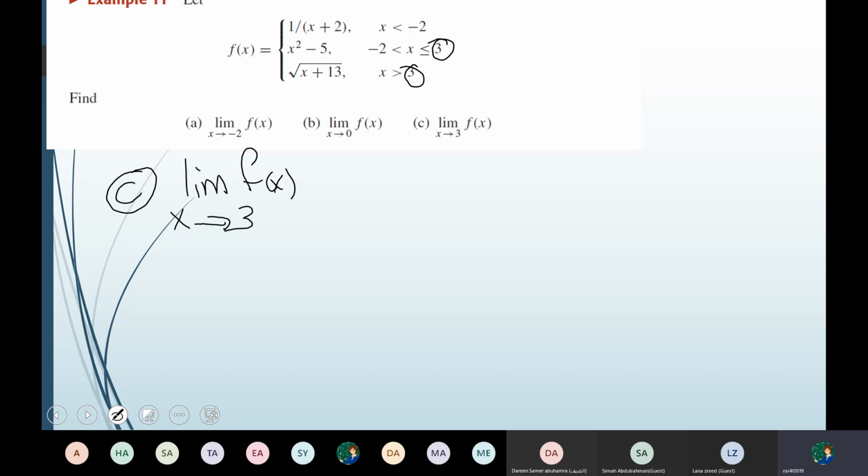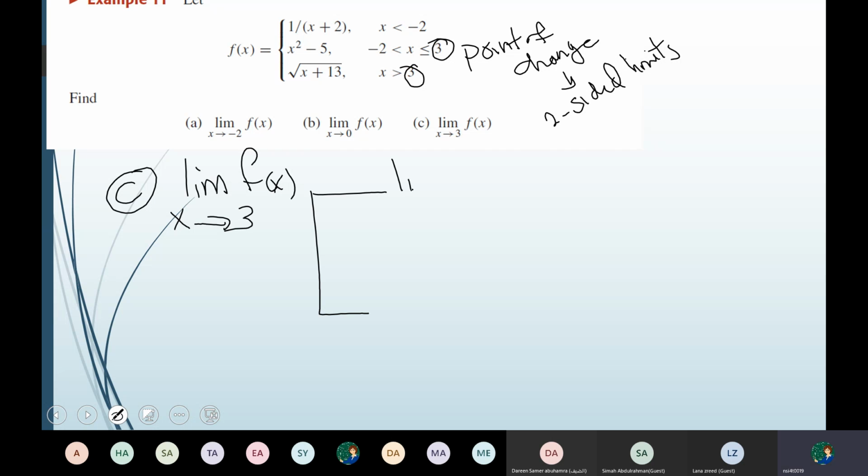Yes. So because 3 is a point of change, we have two-sided limits. That means I have to find limit f of x when x approaches 3 from the right, and limit f of x when x approaches 3 from the left.